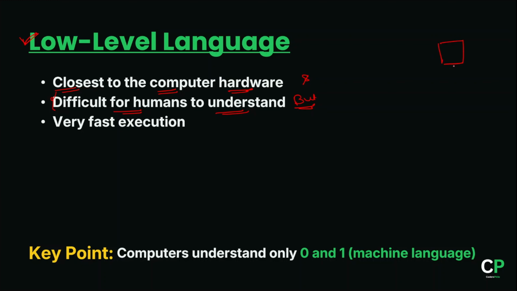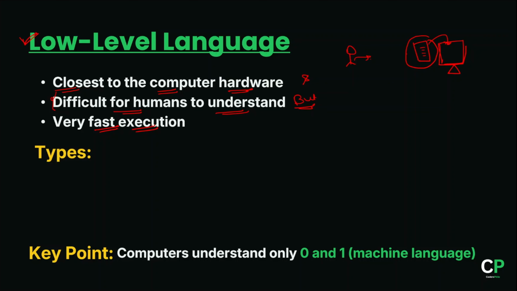So this is our computer and this is the human. This language is very close to the computer hardware, but it is very far from the human language. So it is very difficult for the human to understand, but the low level language is very easy for the computer to understand, and it ensures very fast execution.